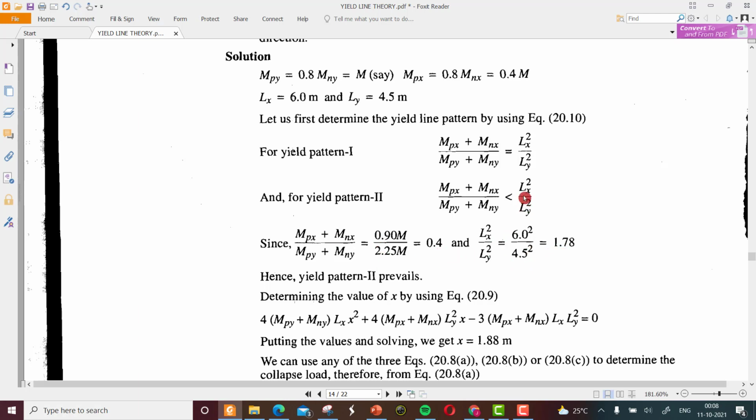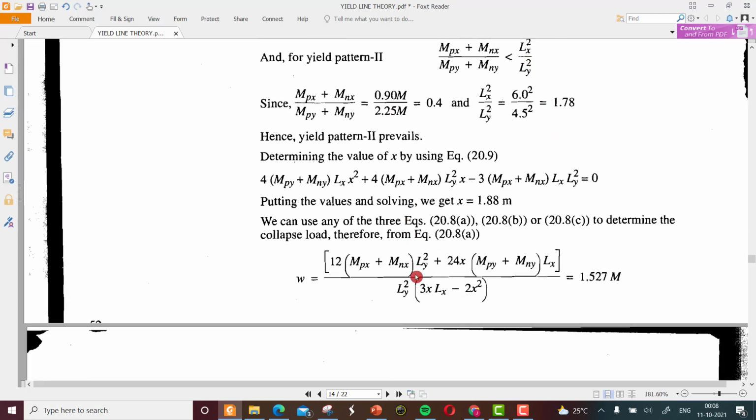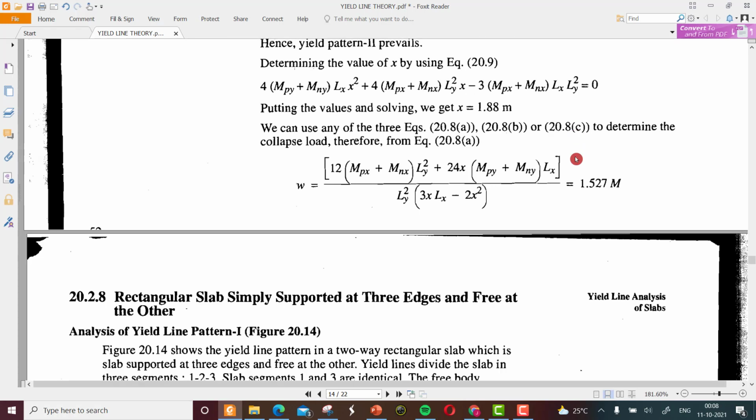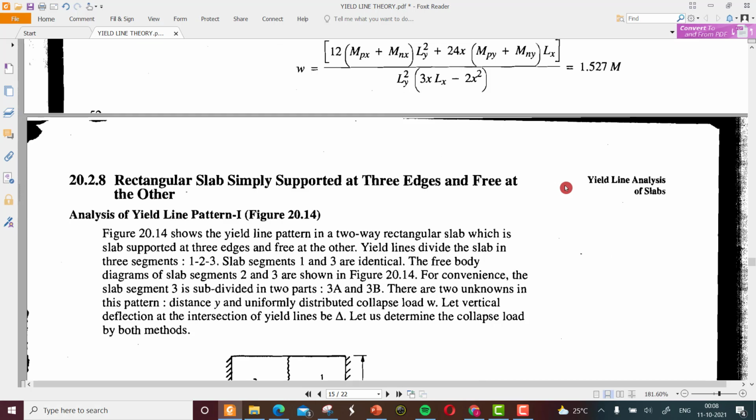That means the lesser value is applicable and yield pattern 2 will prevail. For that case we can use the equation which we derived for the second condition of yield pattern 2, so that we can find the ultimate load.